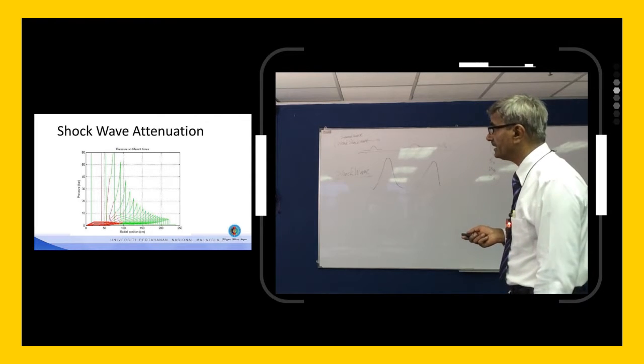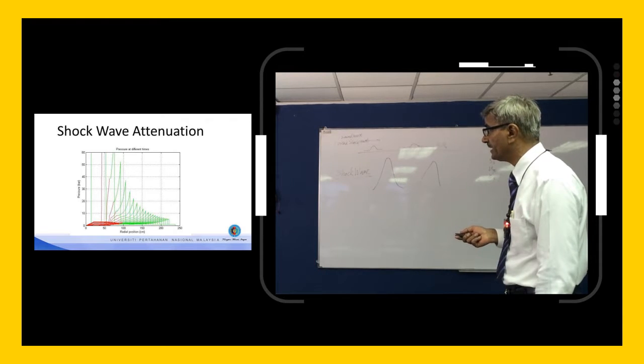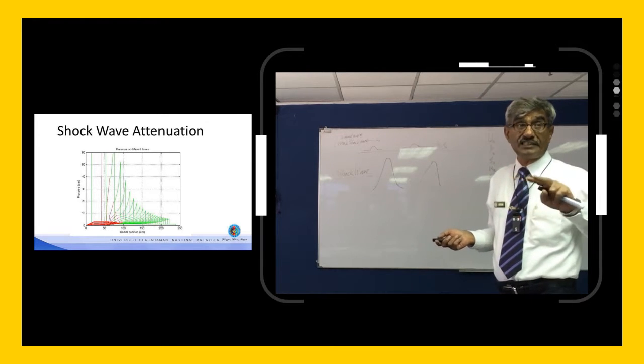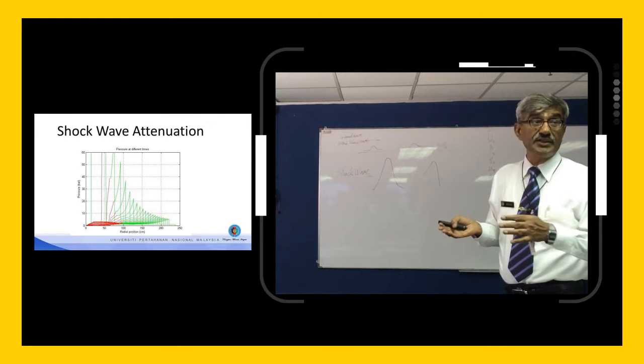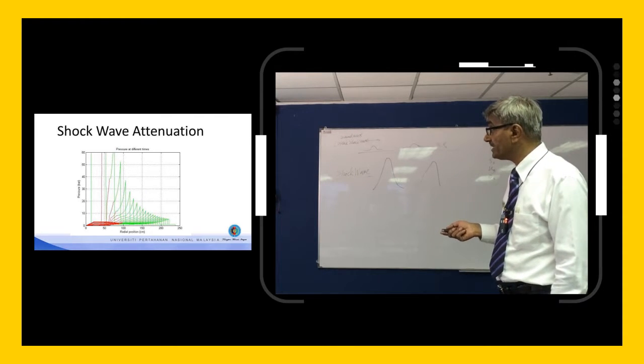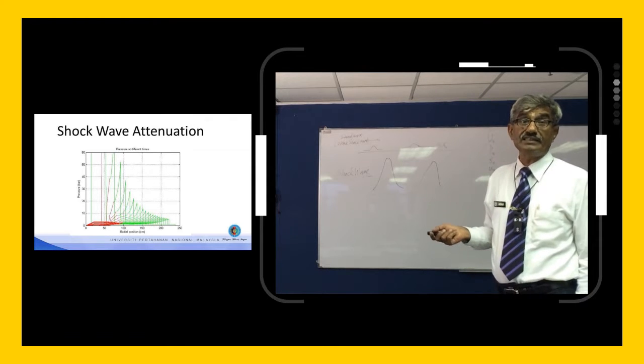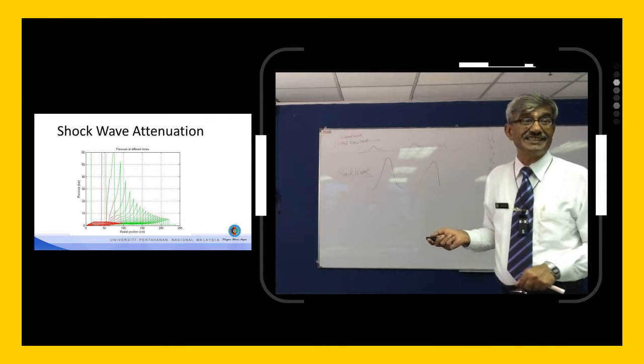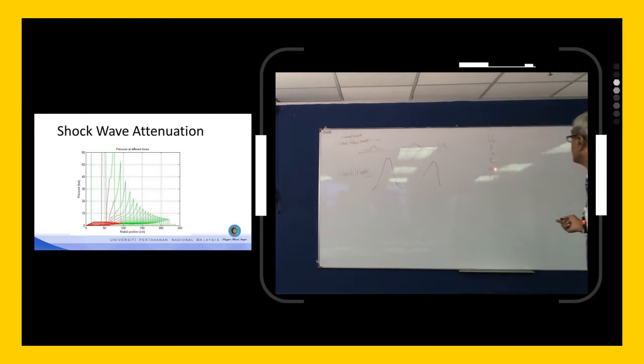Another thing you might note is that the distance between this peak and this is larger than between this peak and this peak, and so on. Between these successive peaks, the distance is reducing. The time at which they are plotted is the same. What does that mean? It means the velocity of the shock front is continuously decreasing also. As I pointed out, shock strength comprises all of these: shock velocity, shock pressure, shock density, shock material velocity.